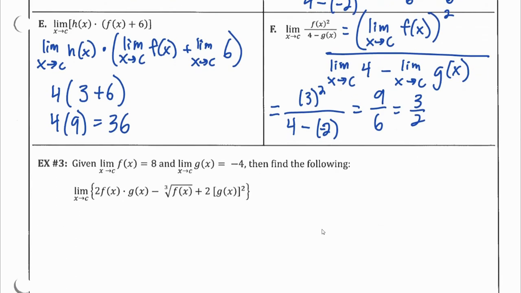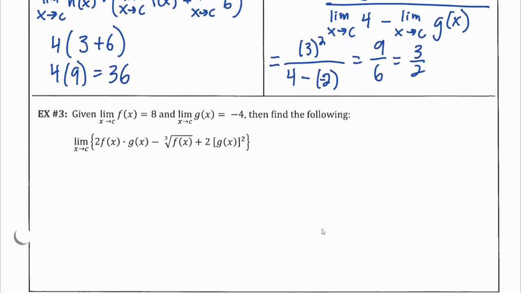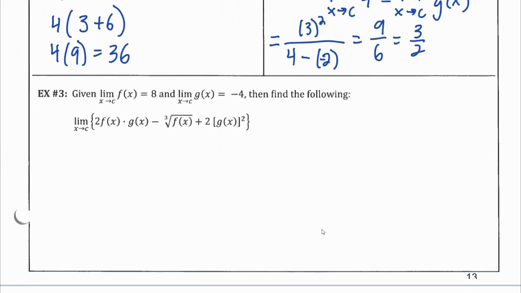Alrighty, this one's a little tricky. So you can try to do this all in one, or you can do it piece by piece. It's kind of up to you. I'd like you to try it on your own, but we're going to go through it together. So first thing I would do is split it up by addition or subtraction.